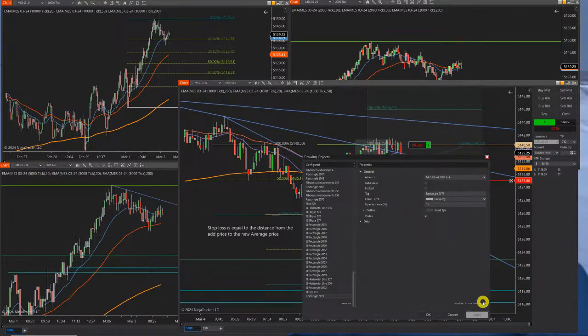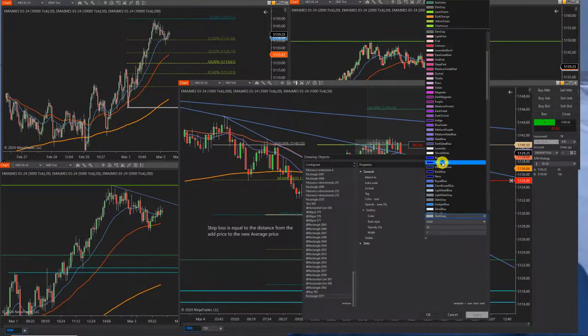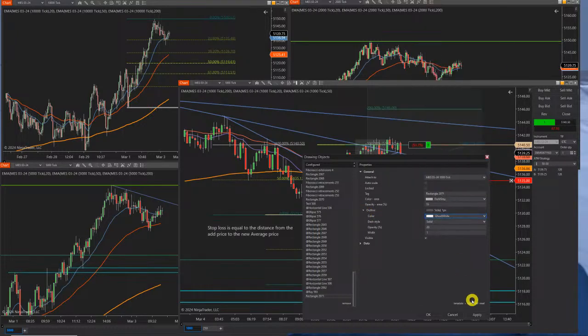Let's change this color. Let's see what we got here. All right, let's go with green.